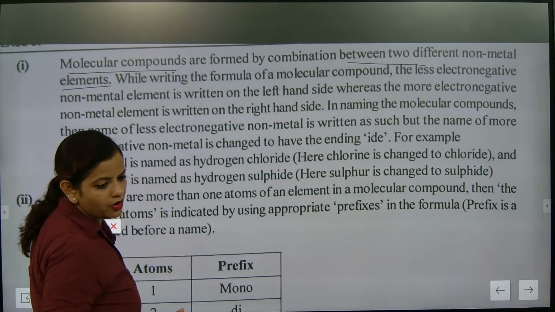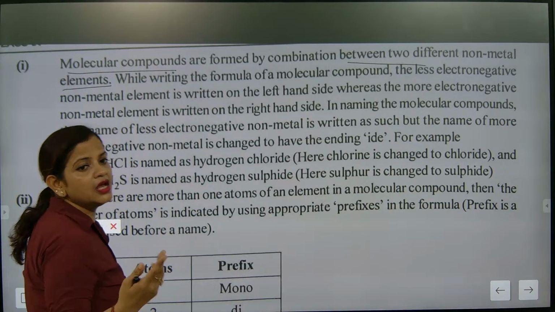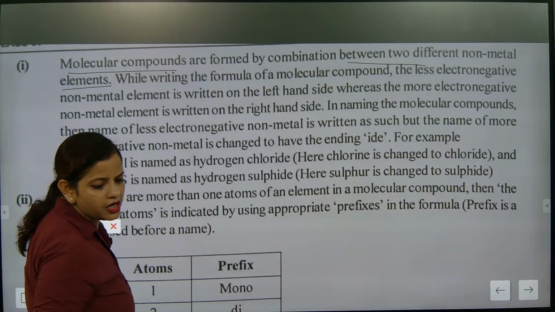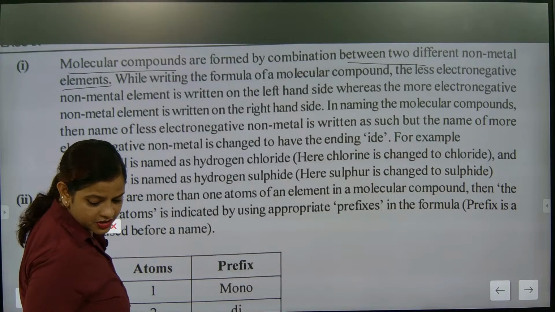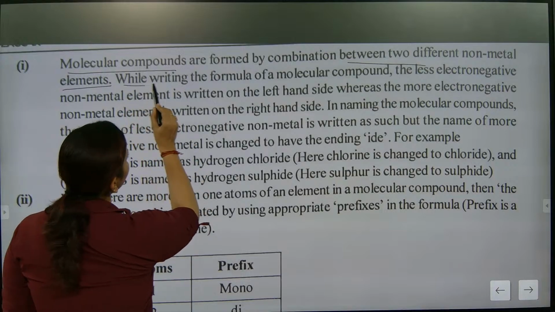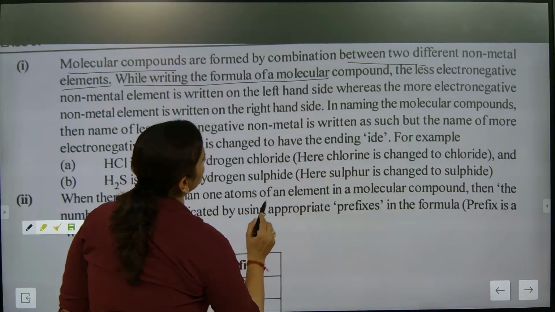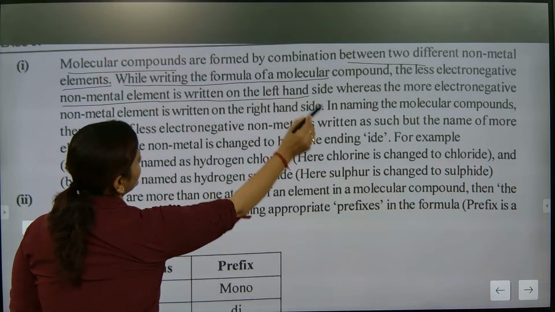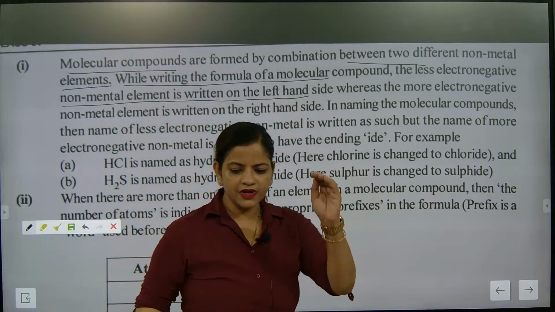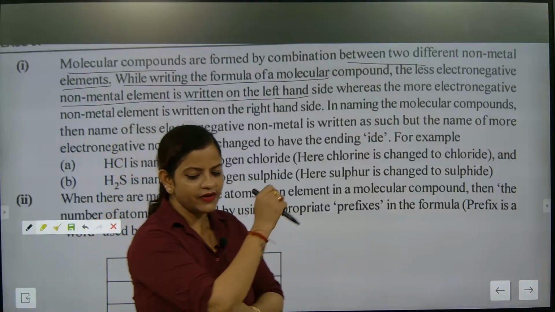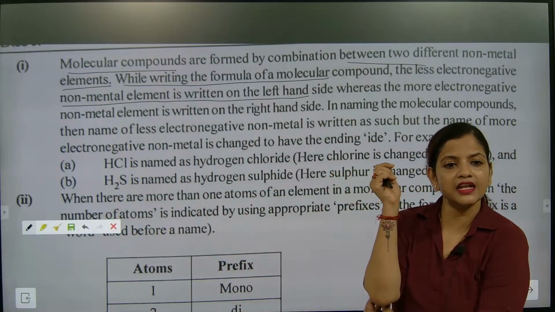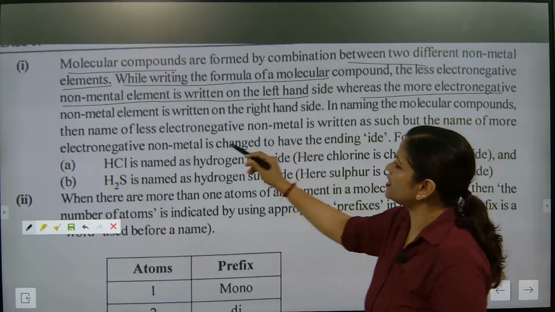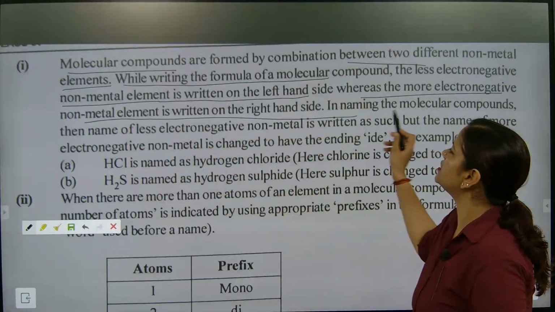While writing the formula of a molecular compound, the less electronegative non-metal element is written on the left side. Remember this section. This is the most important part. Two different non-metal elements means generally they will be sharing. The less electronegative will be written on the left hand side, whereas the more electronegative non-metal element is written on the right hand side.